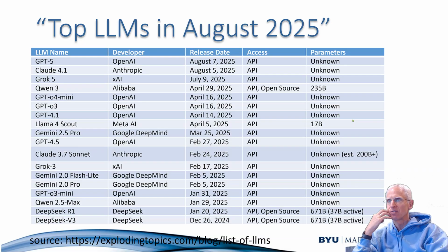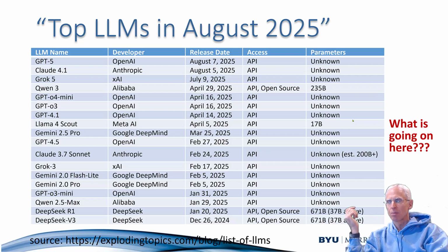Here's August of 2025. One of the interesting things is that now we don't know how many parameters these models have, for all of these top models, according to this explodingtopics.com blog list. Why don't we know? It's because they are proprietary models and they just don't release information about how many parameters they have.